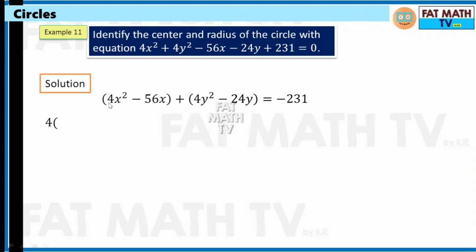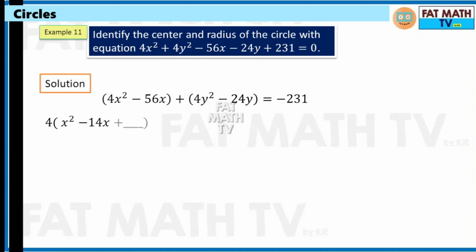So if you factor 4 here as a common factor, what will be left inside is you divide each term by 4. 4x squared divided by 4 is x squared. Negative 56x divided by 4 is negative 14x.